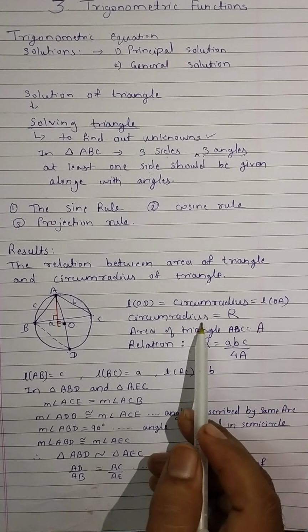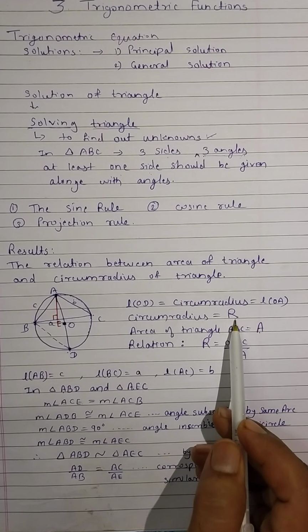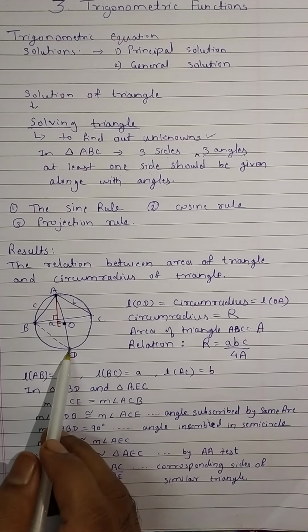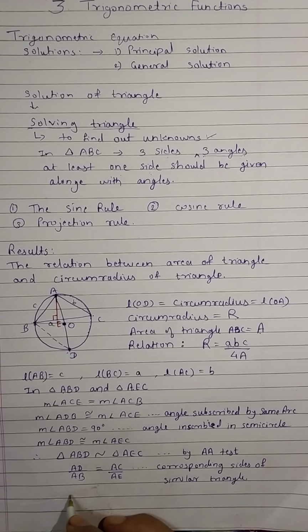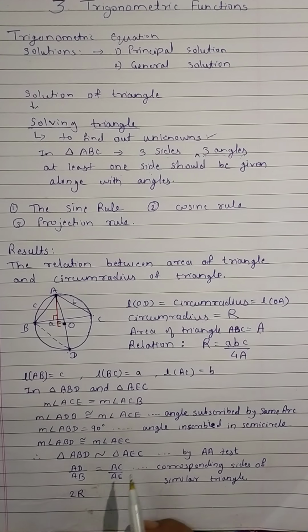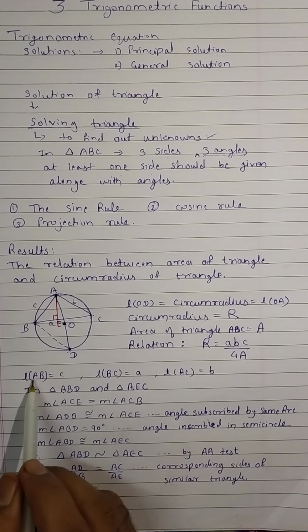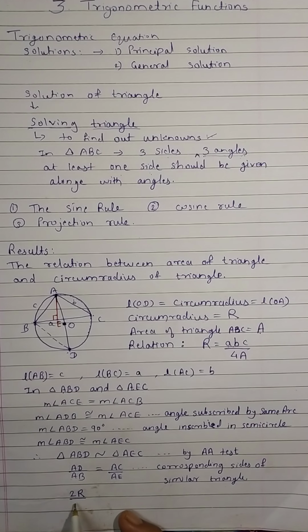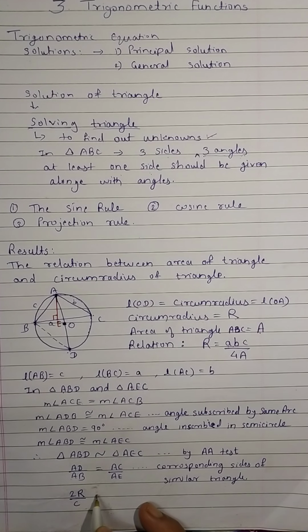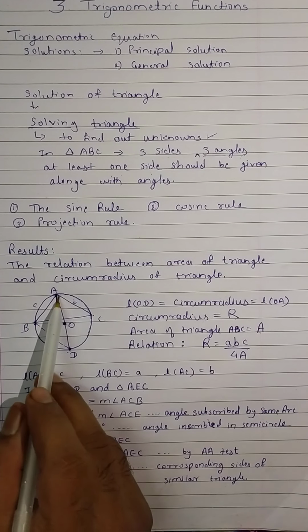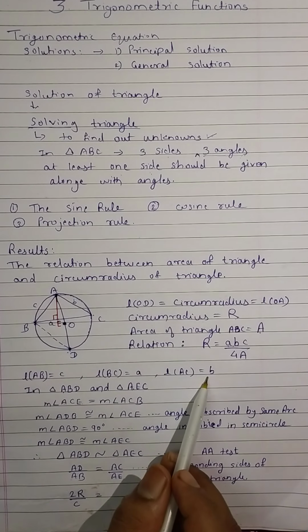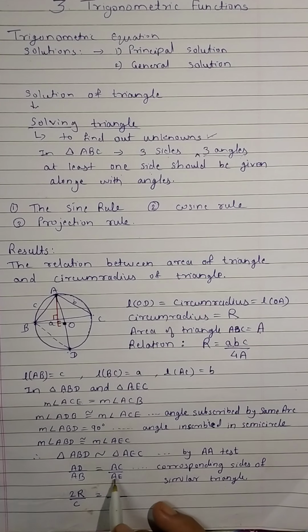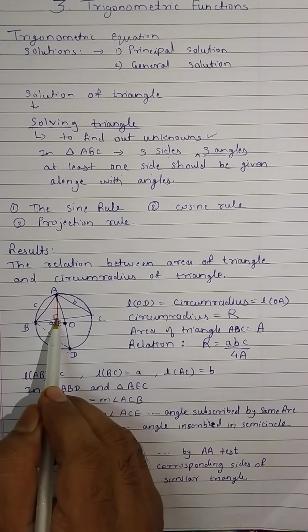So circumradius you have denoted by R. So if OD is R, then AD will be 2 times R. AB we have considered as small c, AC we have considered as small b, and AE is the height of the triangle.